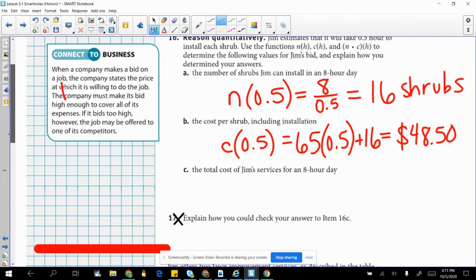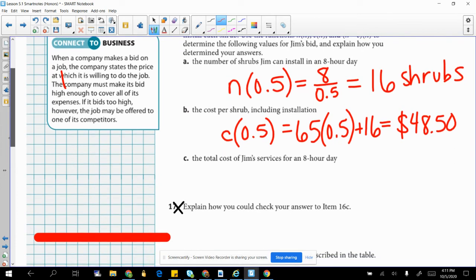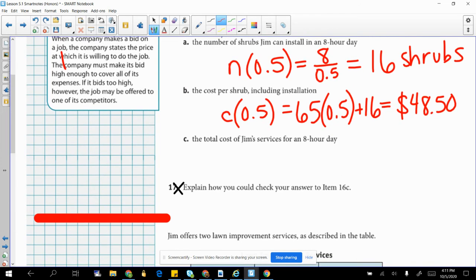Okay. So the total cost then, we would have to do that 16 shrubs times 48.50. Okay, so grab your calculator for that. 16 times 48.50 is going to give you $776. So we would multiply that and you would get 776.